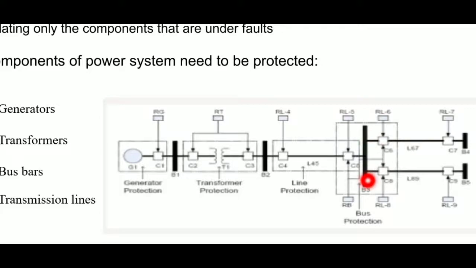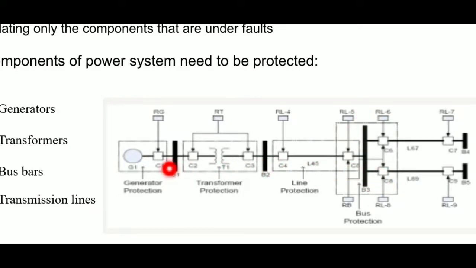This is the bus bar. In that we connect circuit breakers. This is a circuit breaker, this is another circuit breaker, and this is another circuit breaker. Each circuit breaker is connected to the relays RL5, RB, RL6, RL8. The relay coils are connected to the circuit breakers. When any fault occurs, the relay coil senses that fault and gives indication to these circuit breakers, and then the bus bar remains within the protective zone.